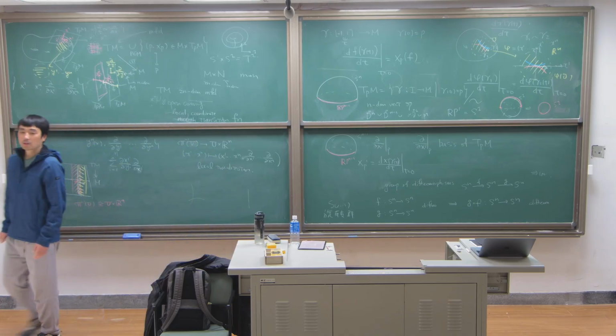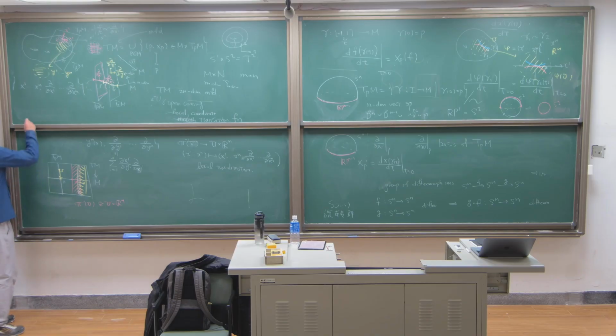So vector bundle, I mean, we will generalize later. So this is one example of a vector bundle. You have a manifold, and then you have a fiber structure. Those are called vector bundles, which we will learn later.